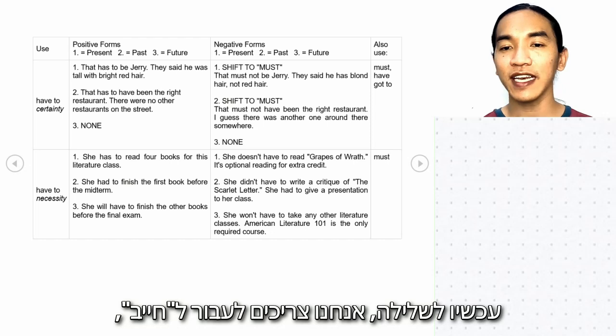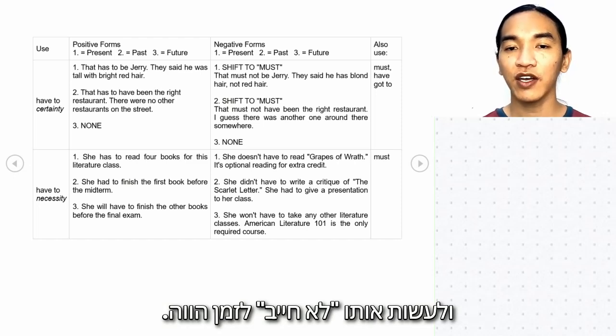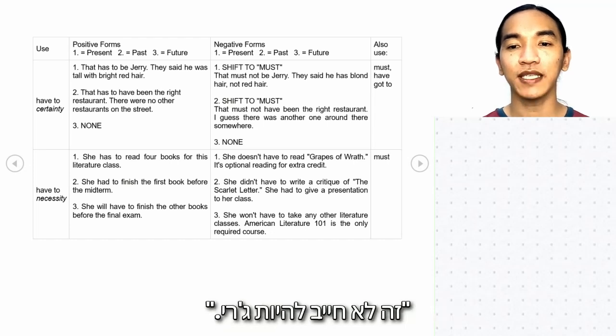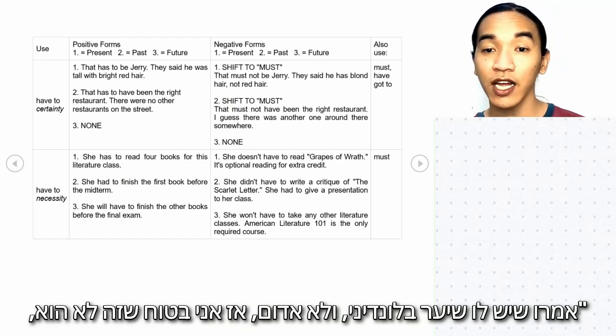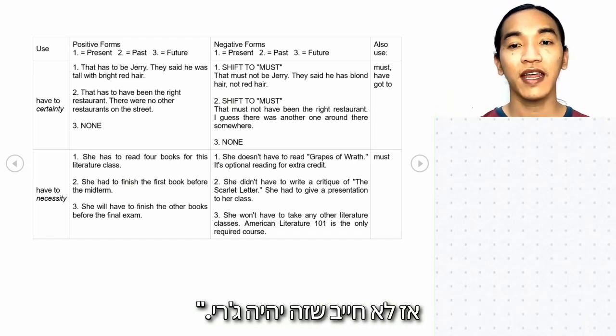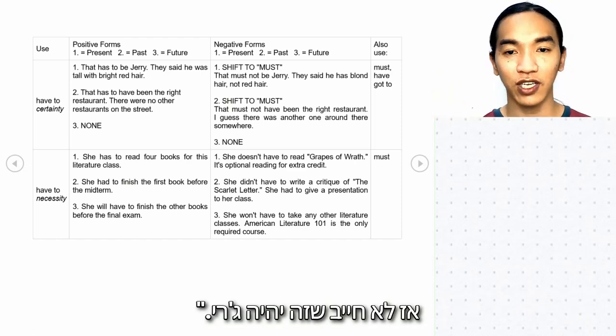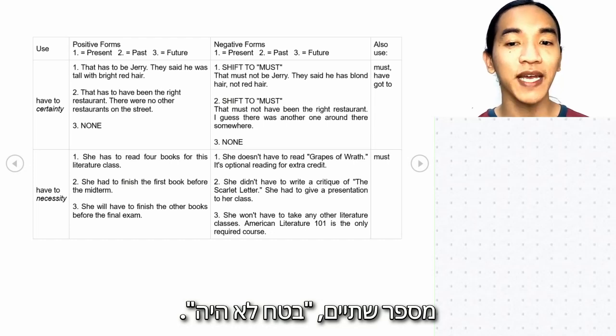Now, for negative, we have to shift to must, and make it must not for the present tense. That must not be Jerry. They said he has blonde hair, not red hair. So I'm sure he's not that. So that must not be Jerry. Number two, must not have been.